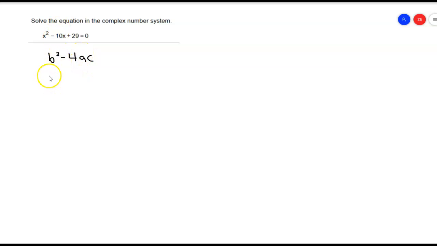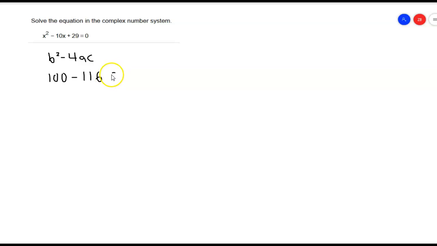So this is going to be negative 10 squared, which is 100, minus 4 times 1 times 29. So it'll be 4 times 29, which is, I'll use a calculator so I don't make a mistake, 116.